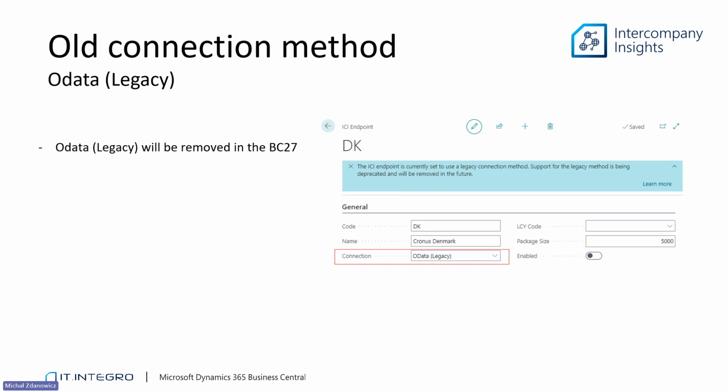So you will start getting a notification in your current installations, or maybe you already started because it was released some time ago, that the ICI endpoint is currently a legacy connection method and it will be removed in the future. So our plan is to delete this connection method in BC27, and our recommendation is to switch as soon as possible to the web services.